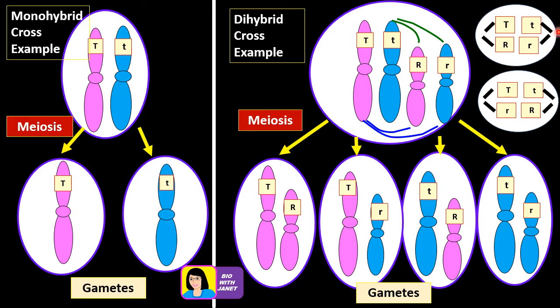That means the paternal chromosomes face the same pole. The blue chromosomes face the same pole, and the pink chromosomes face the same pole. The maternal chromosomes face the same pole. So they will separate in such a way that they are together. Big T and big R will be together, small t and small r will be together. So the first gamete combination will be big T, big R, both from the maternal chromosomes.